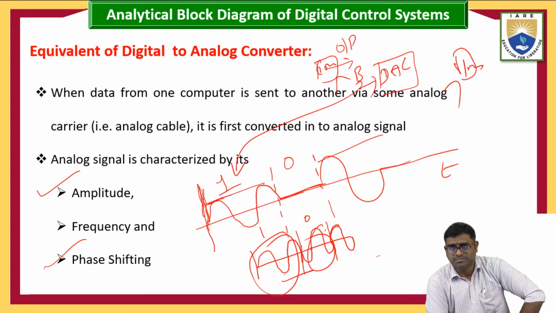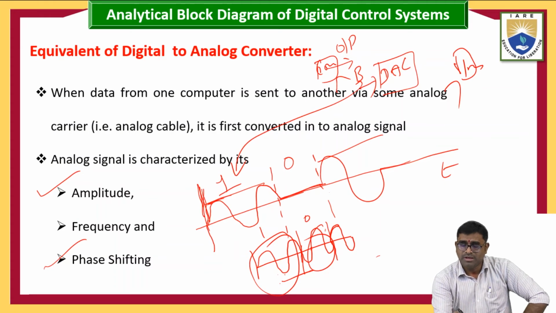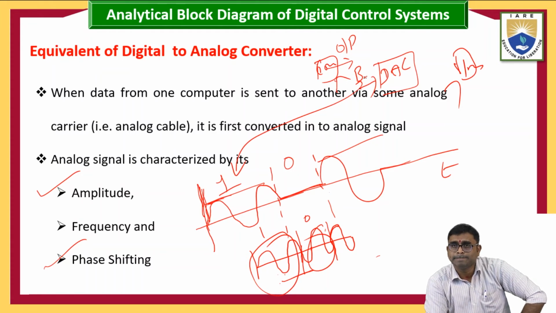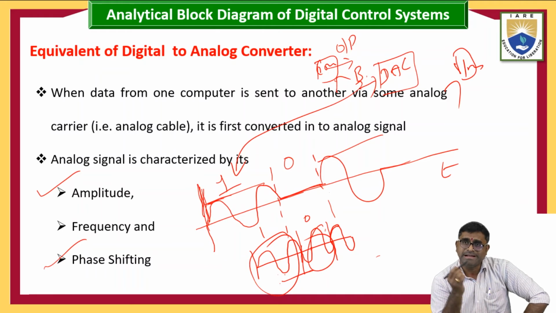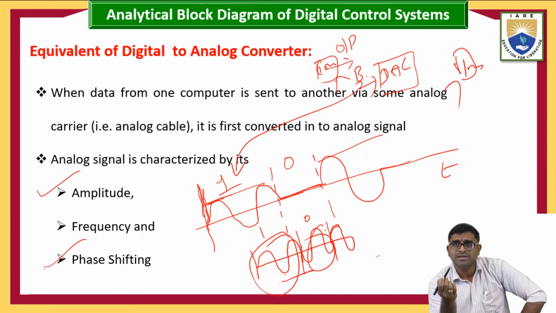So these are the characteristics we are going to analyze at the system input side. Why? Because the output of the digital computer is in binary form. That binary form is given to the DAC, digital to analog converter, and the analog signal is characterized. Amplitude may be the same, or frequency the same, but it may come with a phase shift. It is very important.